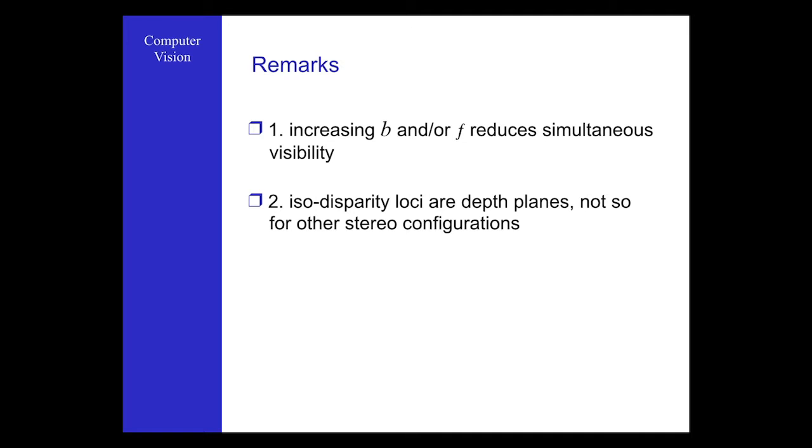So you get planes at different distances, each for different disparity values. That's only true for the simple setup. In general, that will not hold. So that direct connection between disparity and depth, unfortunately, is not preserved once we go to the general setup, which we will do in a second.